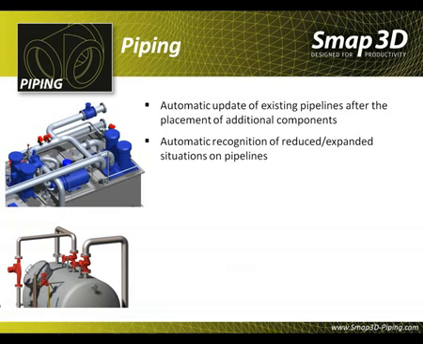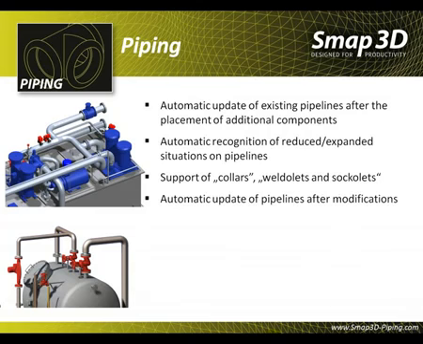Also, expanded and reduced situations on pipelines will be recognized by the software and automatically generated correctly. We support color, welded and socket-welded objects instead of tees or reduced tees. If there was a modification of the pipeline path or the content of the pipeline, the software can automatically update the whole pipeline and piping system.